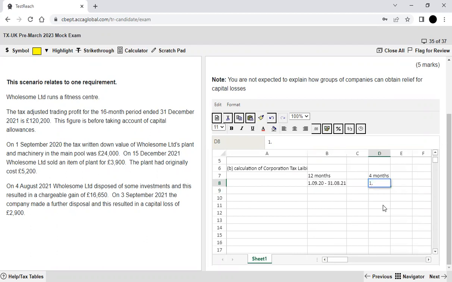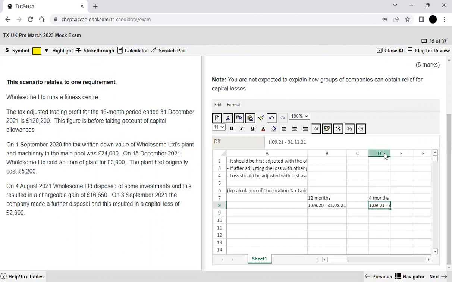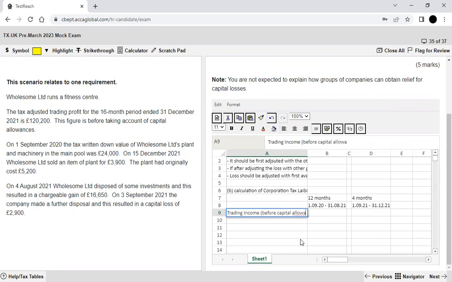And the 4 months period would be 1/9/21 to 31/12/21. Trading income before capital allowances is 120,200 for 16 months. I'm counting 12 months over here.